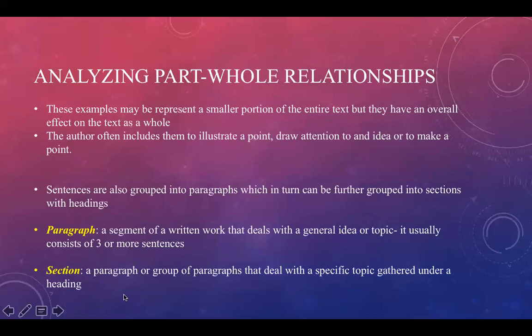And then your paragraphs, depending on how long your actual passages, could be grouped and divided into subsections and divided with headings. The paragraph is a segment of written work that deals with a general idea or topic. It usually consists of 3 or more sentences. A section is a paragraph or a group of paragraphs that deal with a specific topic gathered under one heading.